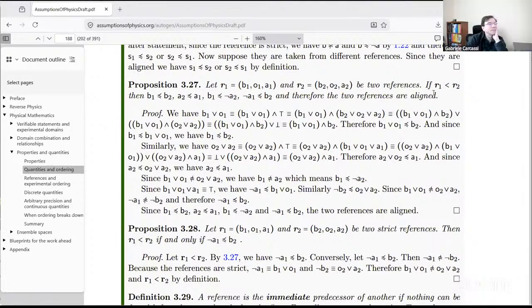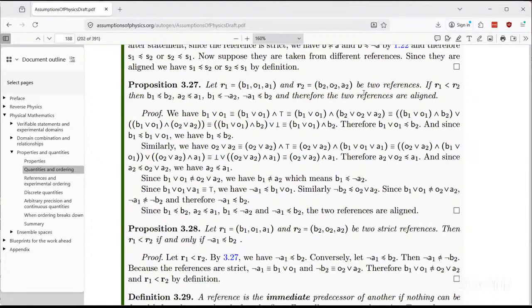So the idea is, before we just defined when a reference was before another, but that's too strict a condition to say I have references that are all aligned, because you might have overlap. So now we figured out that what aligned means is this relationship between the before and after, and then we go back and verify that the definition we had for one reference before another agrees with the notion of alignment, so that if a reference is before another, then they are aligned.